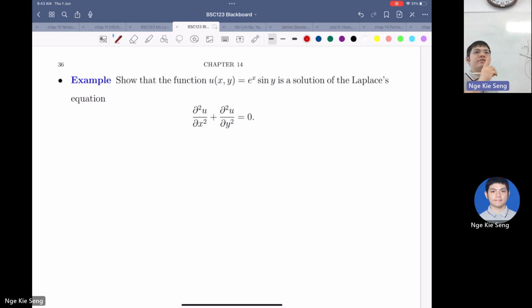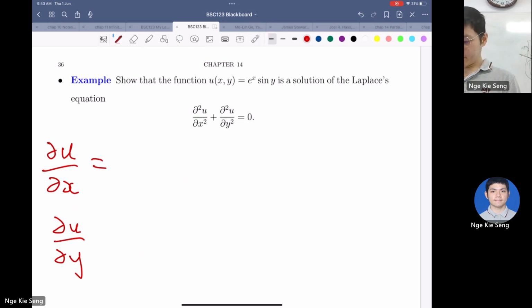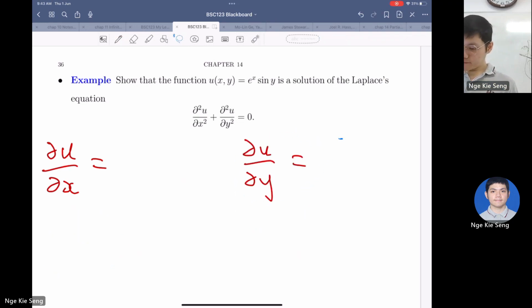So what are the first derivatives you need to find first? Huh? No f here. u, x, and yeah, del u over del x and del u over del y. Del u over del x is the same thing.